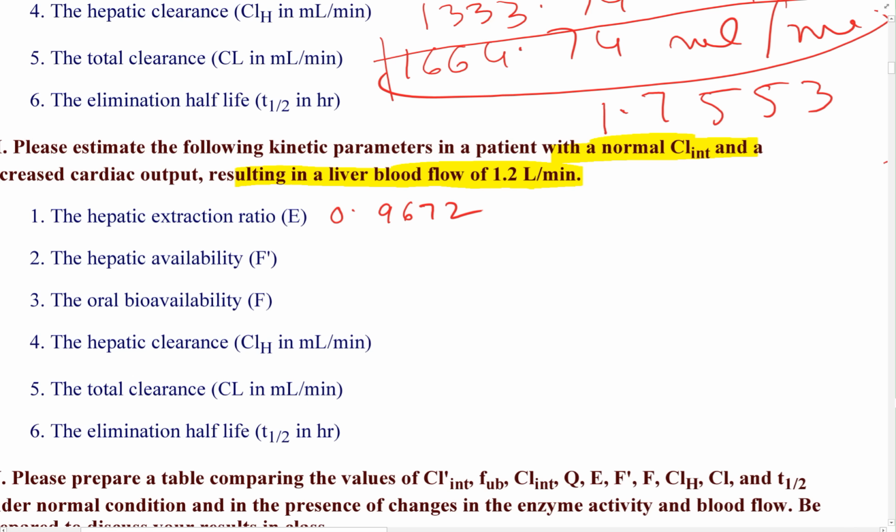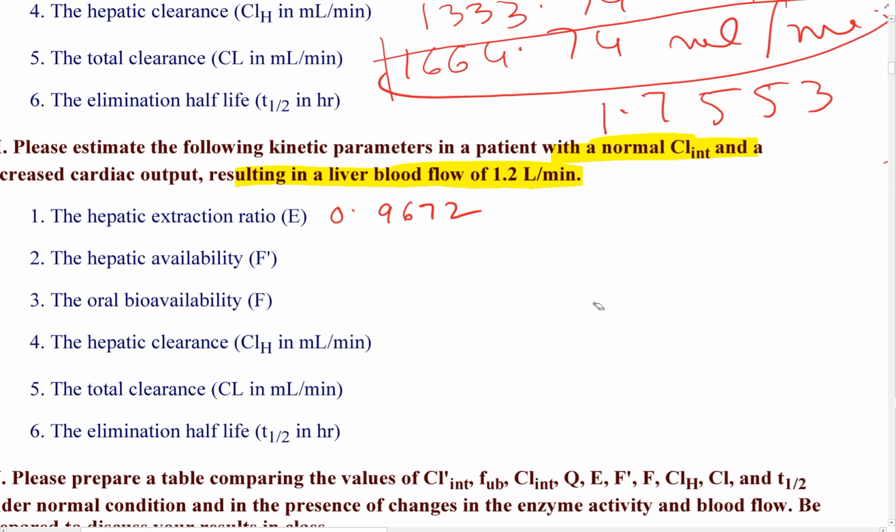Now hepatic availability, same old story. Now F prime is equal to 1 minus E, which is 1 minus 0.9672, equal to 0.0328. It is your hepatic availability.